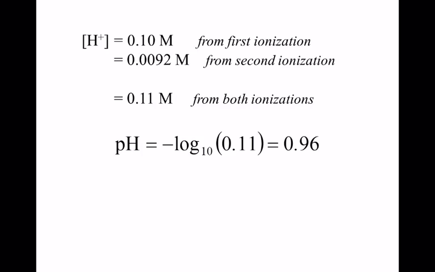If this was homework and you weren't looking for the sum of the 2 ionizations, if you were just looking for the hydrogen ion that comes about because of the second ionization, then 0.011 is different than 0.0092, so you'd have to use the simplifying assumption because they're 2 different numbers.